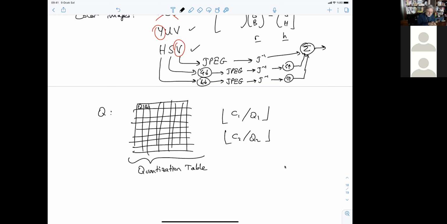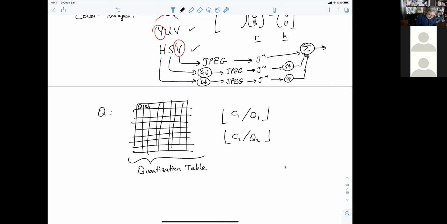And as these Q values approach 1, if all of them are 1s, for example, then you don't really do any quantization, because you divide by 1, that means you keep it. Of course, there is still a quantization due to the truncation, because the DCT values are real values, but nevertheless, it will be a better quality setting if these approach 1.